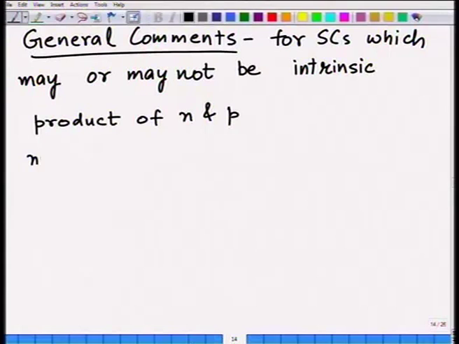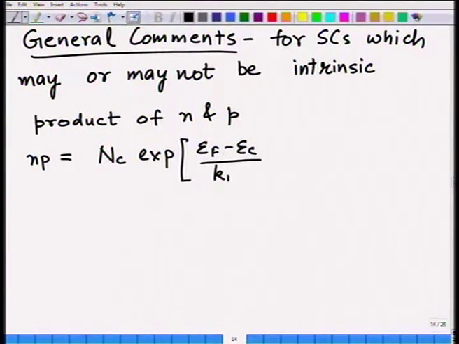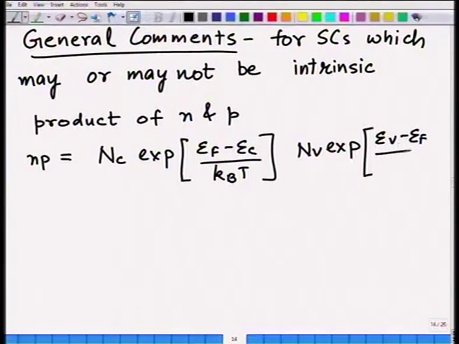So, np is equal to Nc e to the power (Ef minus Ec) by kBT, multiplied by Nv e to the power (Ev minus Ef) by kBT. I am assuming a non-degenerate semiconductor, I am continuing to assume that.